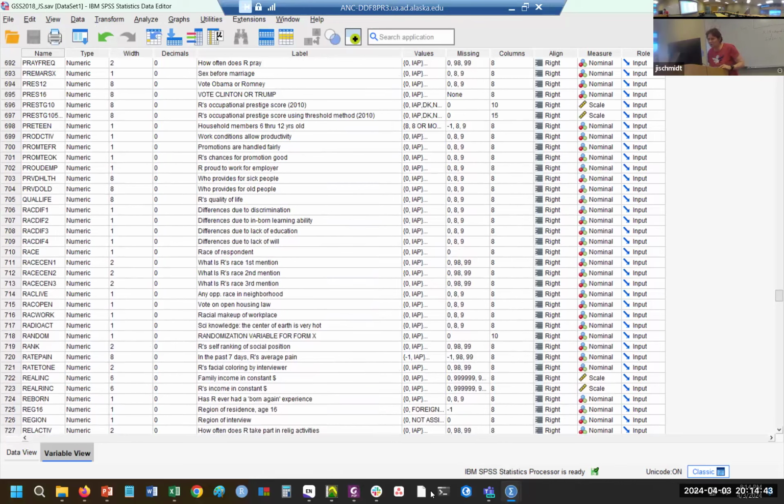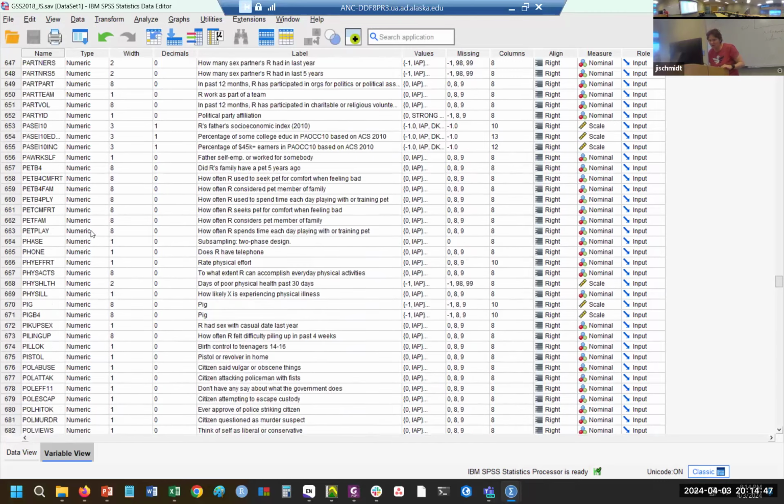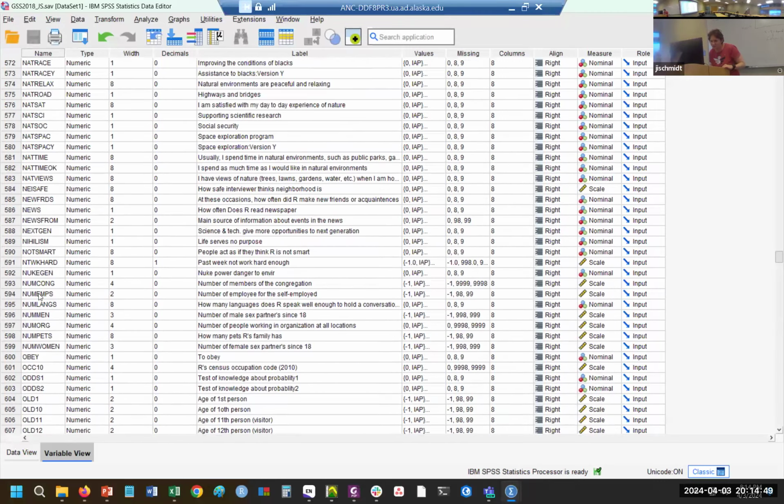That's where I would go to the code book and take a look. The variable is number of female sex partners since 18. I don't see where this asks specifically the number of males and, among males, the number of female sex partners. To me, this would include males and females.